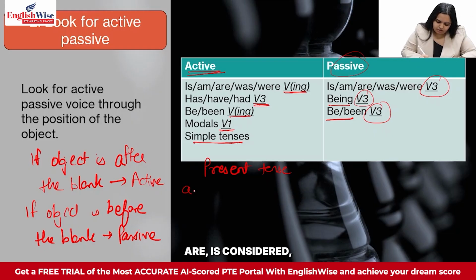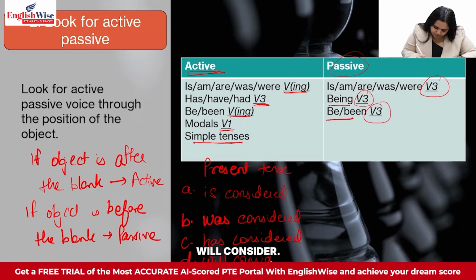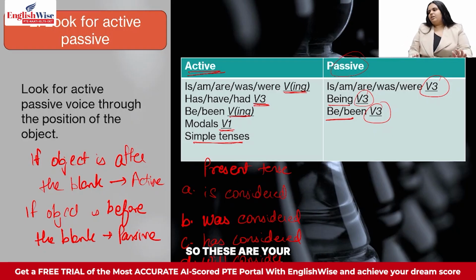So your options are: is considered, was considered, has considered, and will consider. Okay, so these are your four options.